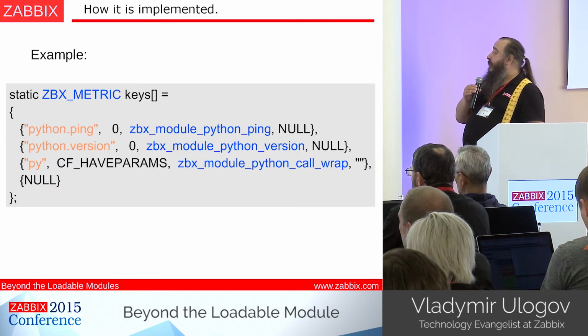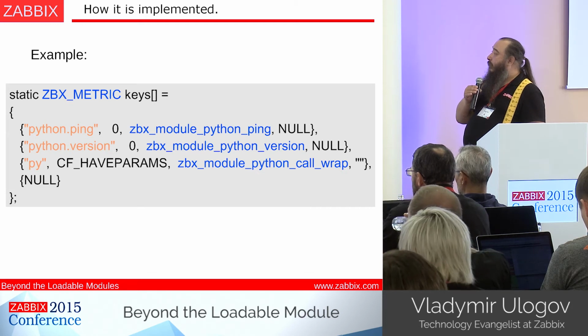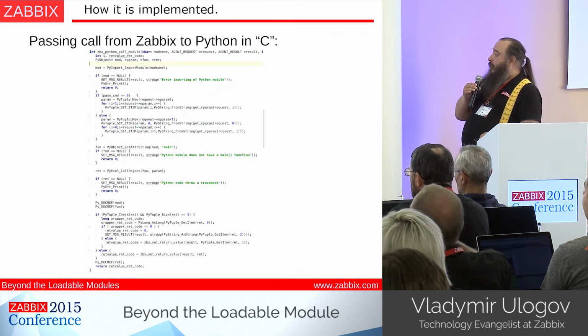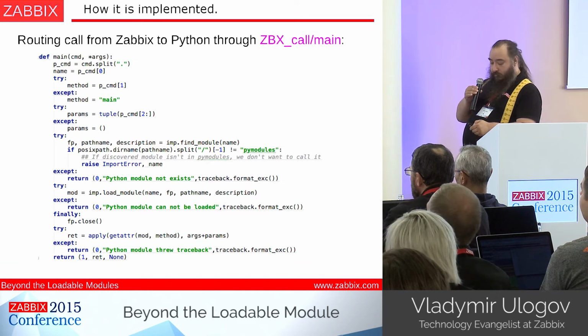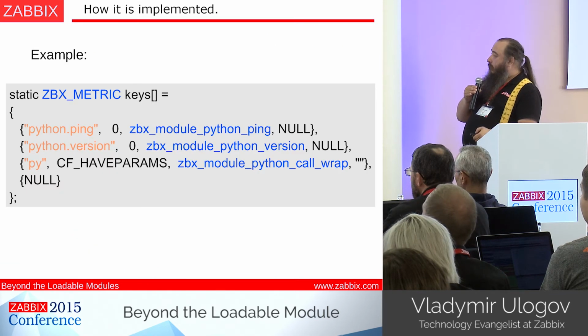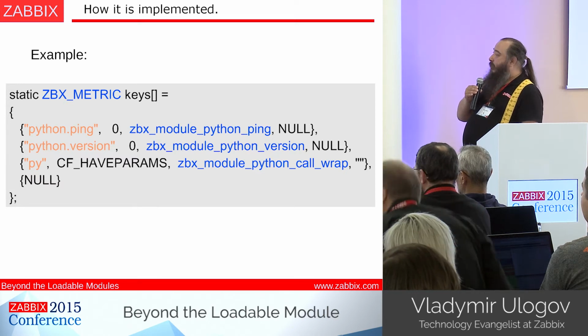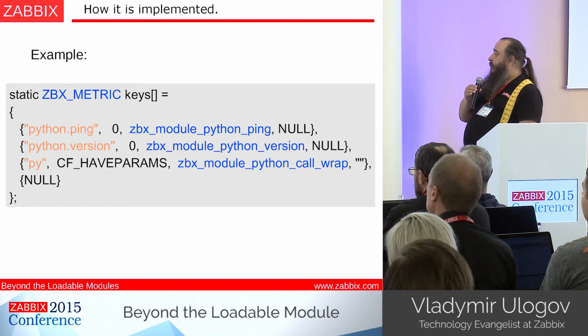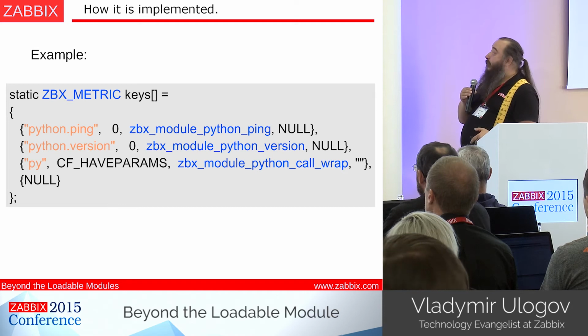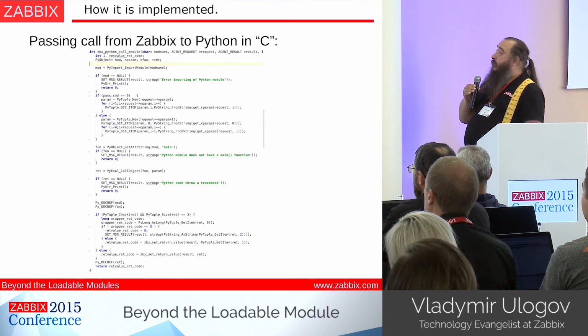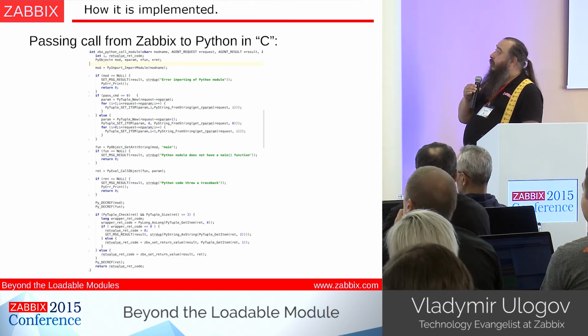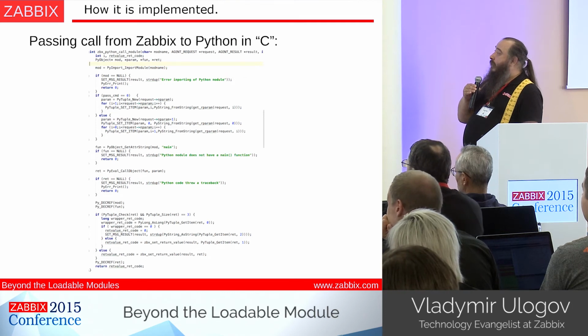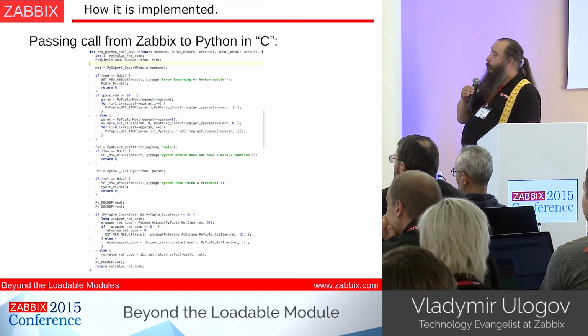That is an example. Name of our metric, C-coded function, parameters, and default test parameters. So this is how we pass the call from Zabbix to Python on the C level.